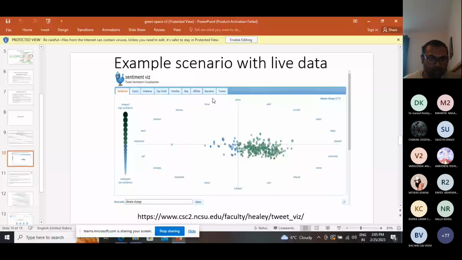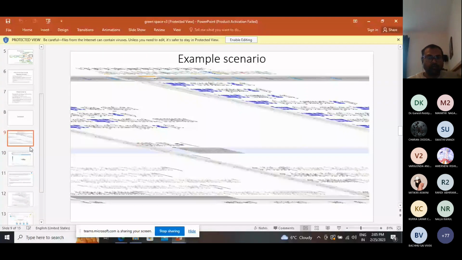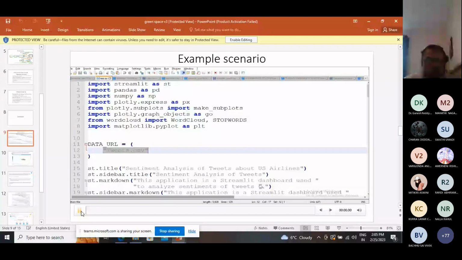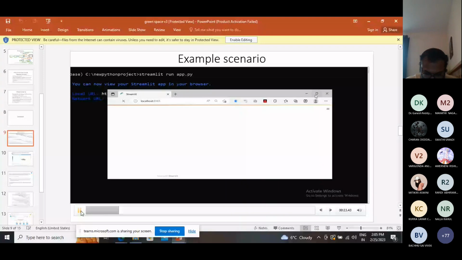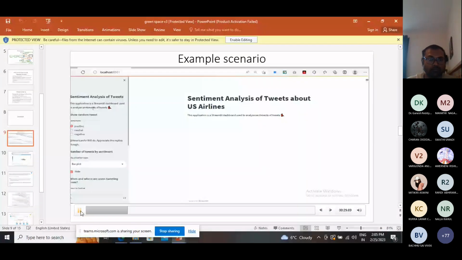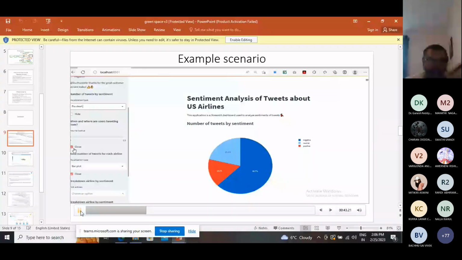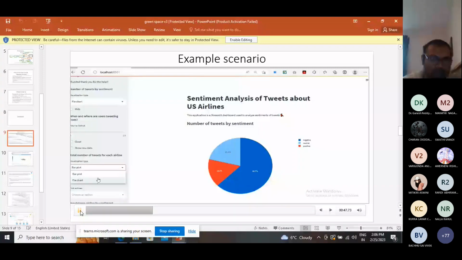So we are running on the localhost in a server with a particular network.